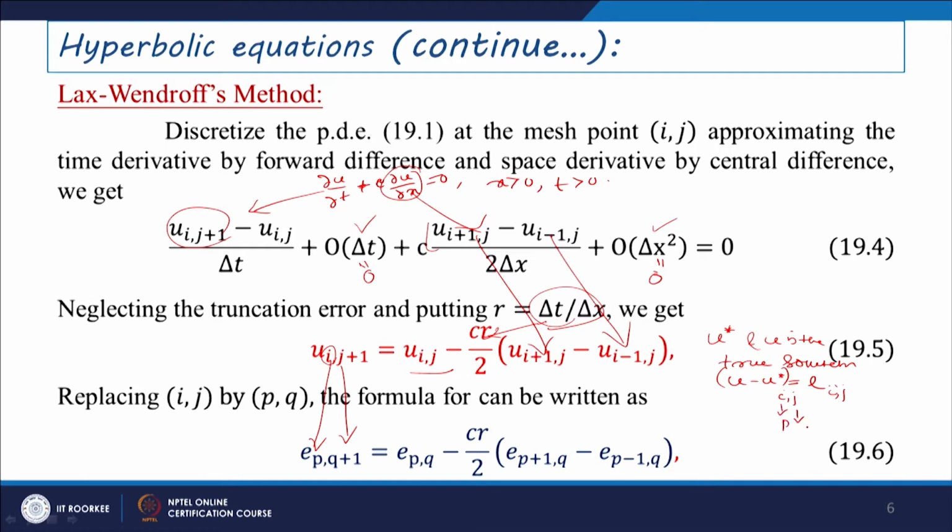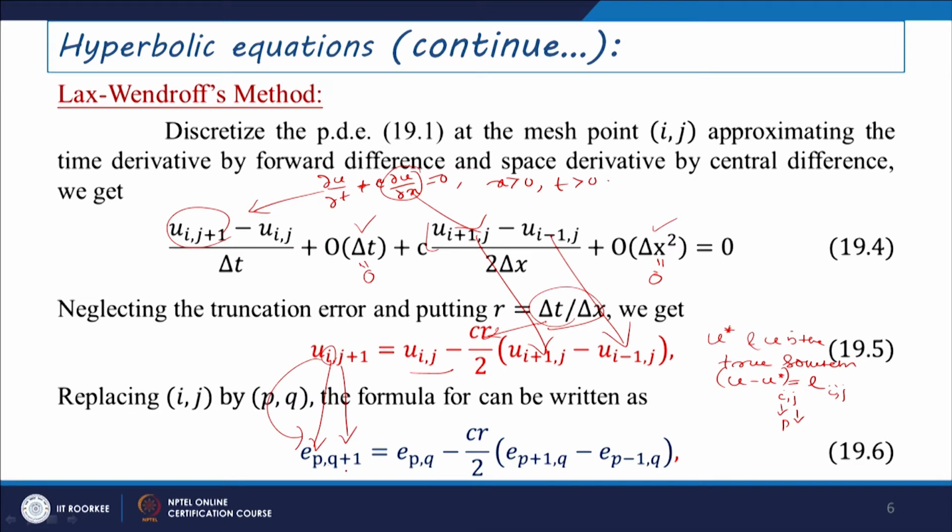So, that is why u minus u star, that is the true solution minus the approximate solution, can be defined as E at the point p and q plus 1, where i is replaced by p and j is replaced by q here.